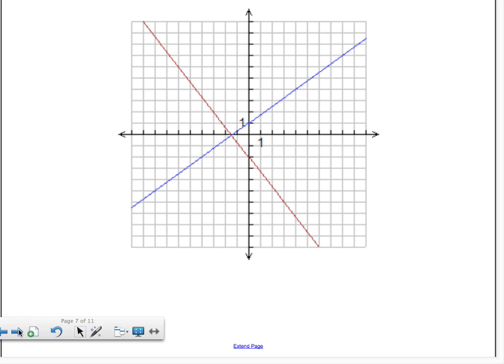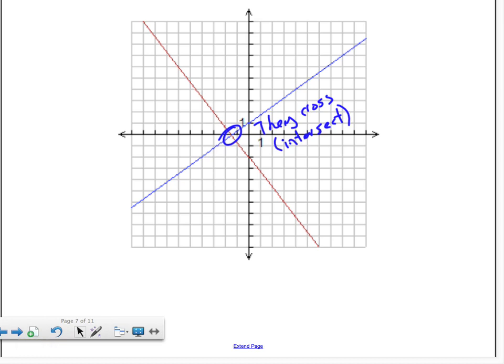So where are they crossing? Right around here. They cross, or the word that we like to use in math is that they intersect. That's where the term intersection comes from, like streets intersect.